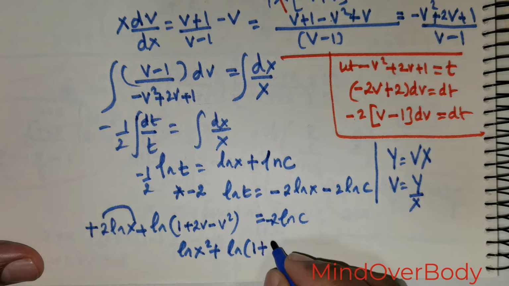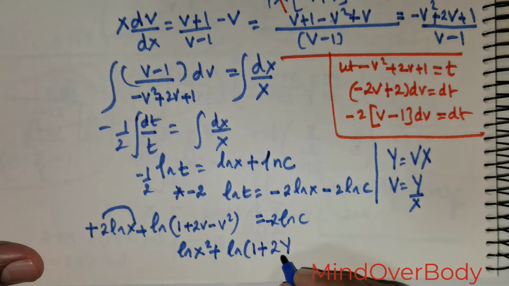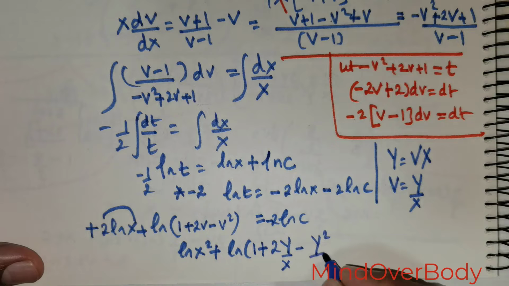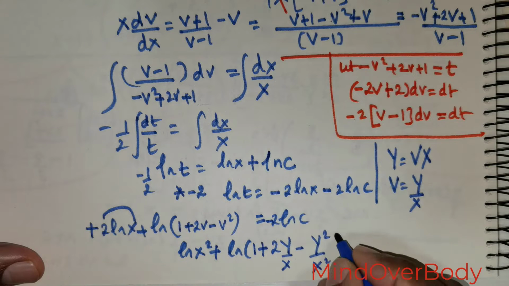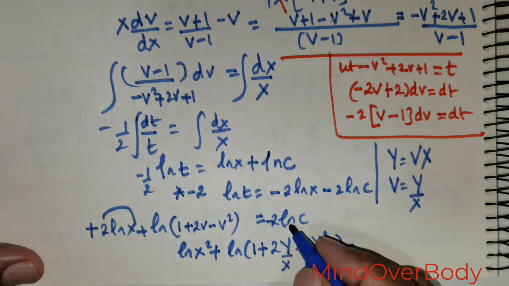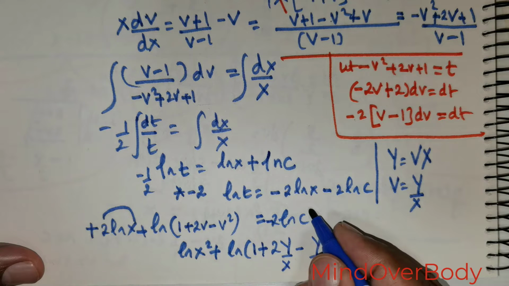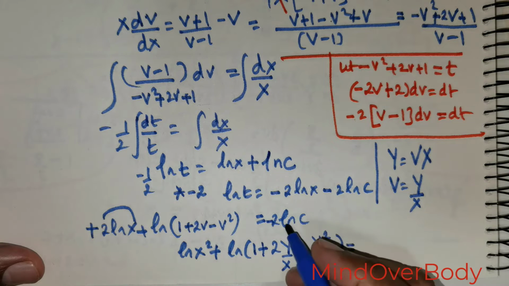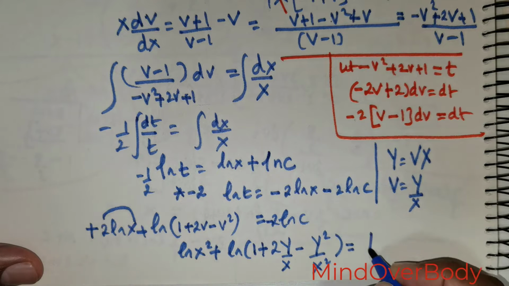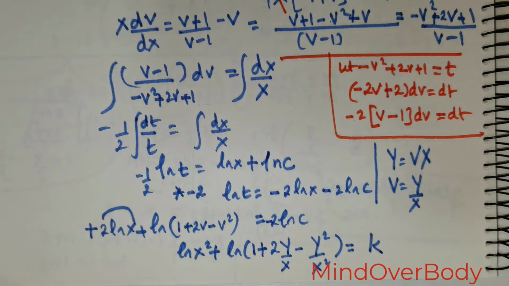So it's going to be 1 positive 2 times capital Y over x negative y squared over x squared is equal to, now I can actually take this as c squared, right? It's negative times c squared, that's going to be 1 over c. Probably you can either use it as some constant, so you can place some constant k.